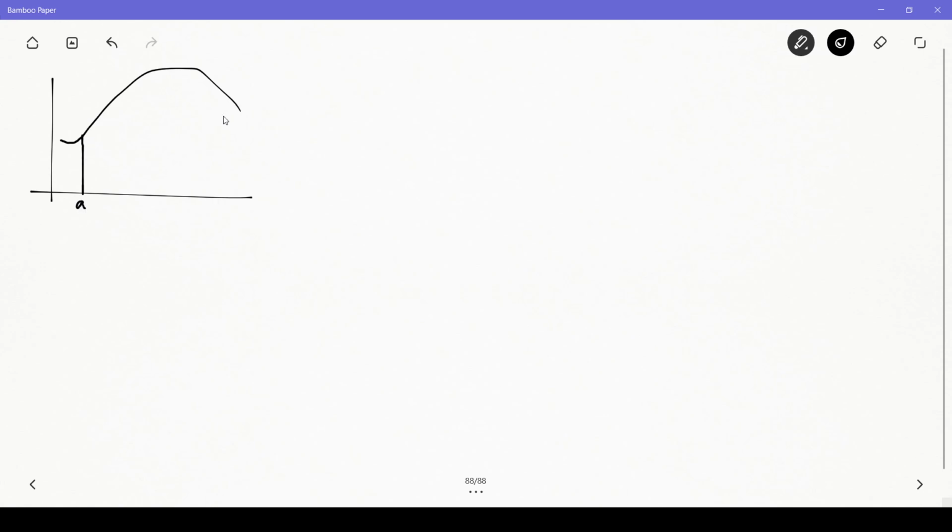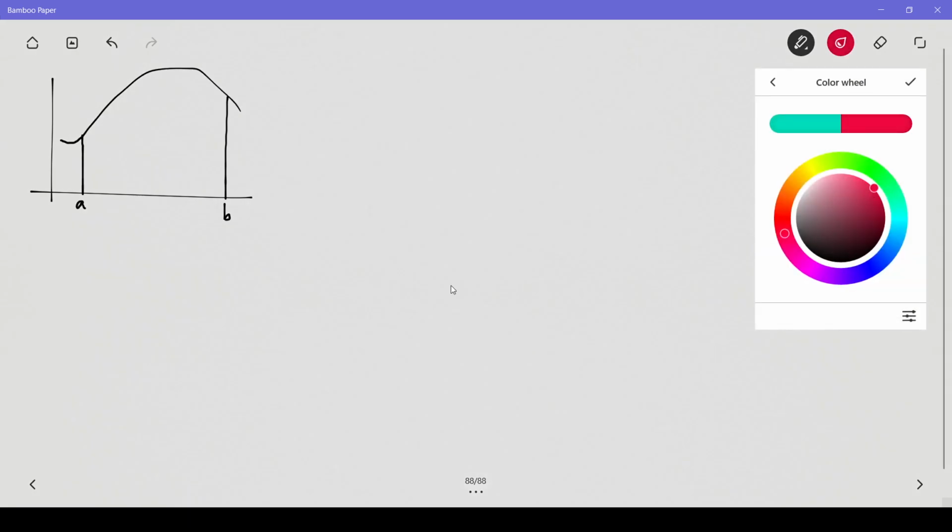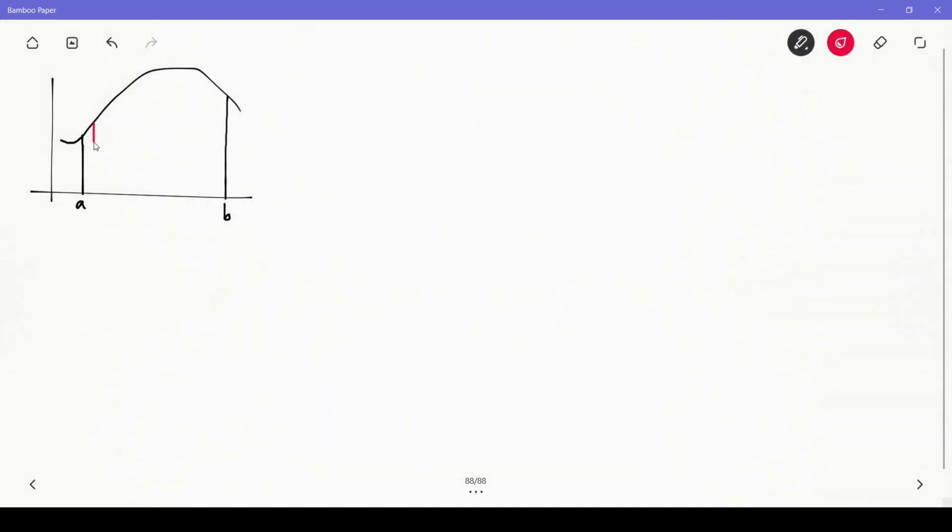So let's say this is our lower limit, this is our upper limit. Now let's say our target is to partition this whole interval into numerous segments, but the total number of segments has to be a multiple of 3, because a single application of the Simpson's 3/8 rule mandates that we work with three consecutive segments.